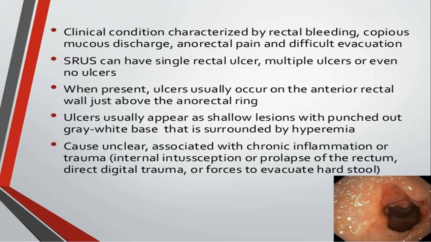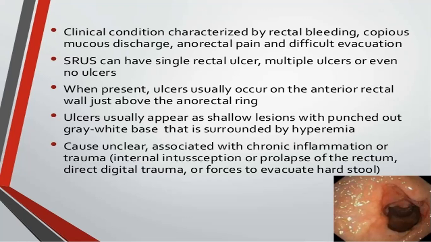When present, the ulcer usually occurs at the anterior rectal wall just above the anorectal ring. What is the anorectal ring? It's the puborectal muscle which holds the rectum over that area. The anal canal is 4 to 5 centimeters in length, and after 4 centimeters from the anal verge, the rectum begins.